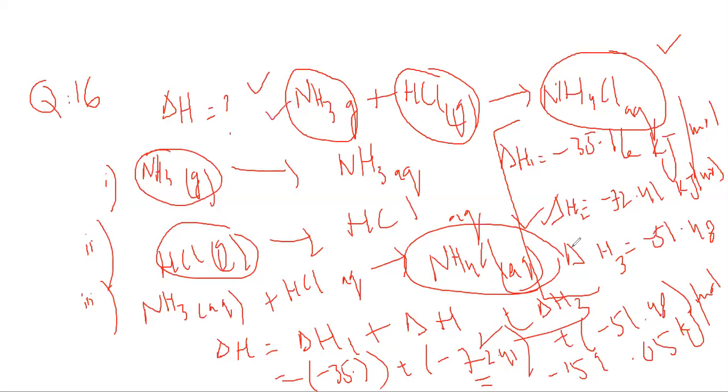Next, move towards question number 17. In this question number 17 you are getting all the concepts that I have given you at the start of the lecture. Let's start. Calculate the heat of formation of ethyl alcohol. Ethyl alcohol has the formula C2H5OH.